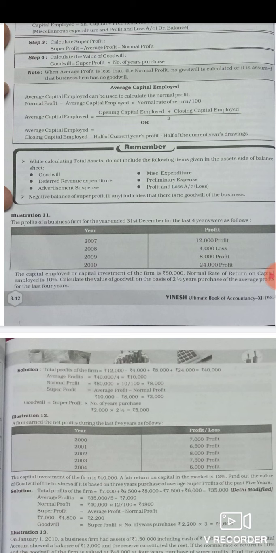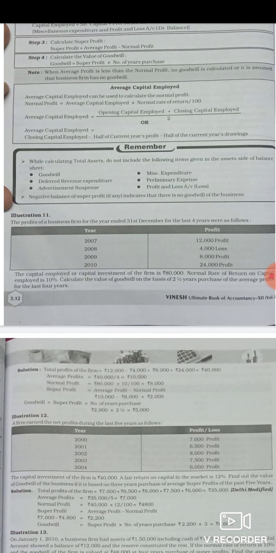By seeing the sum, we can understand that there is capital employed, normal rate of return, and it asks for goodwill on 2.5 years purchase of the average profit. So all this information relates to the super profit method.